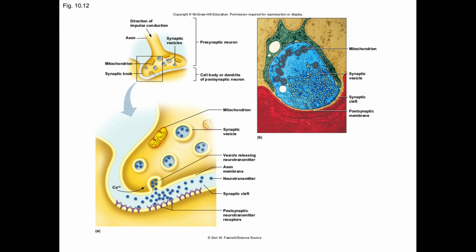The calcium channels allow calcium to flood down the electrochemical gradient from extracellular areas to the intracellular areas into the axon terminal. So the calcium entry causes those synaptic vesicles to release neurotransmitters via exocytosis.